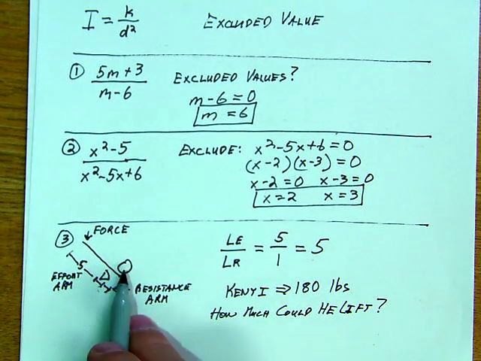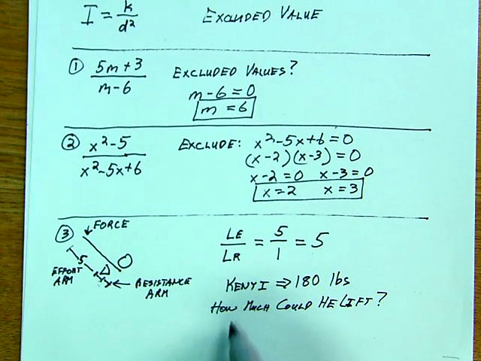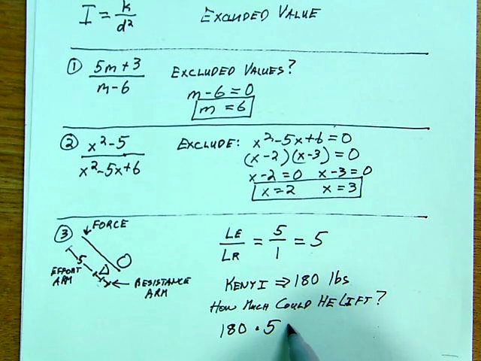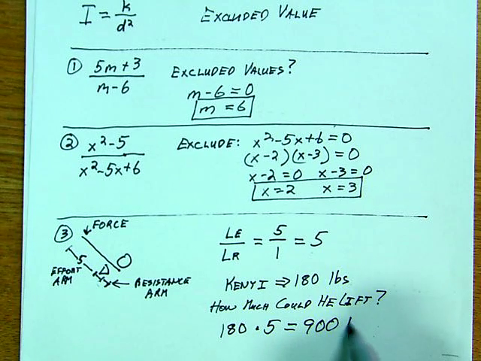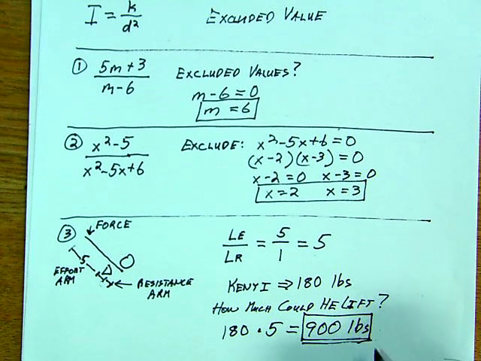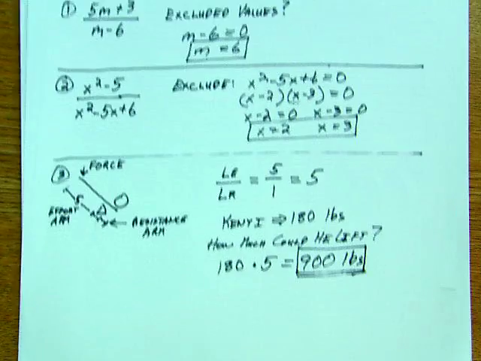The question is, how big a rock could he lift? Well, if he can push 180 and we have a leverage factor of 5, that means he could lift a 900-pound rock.